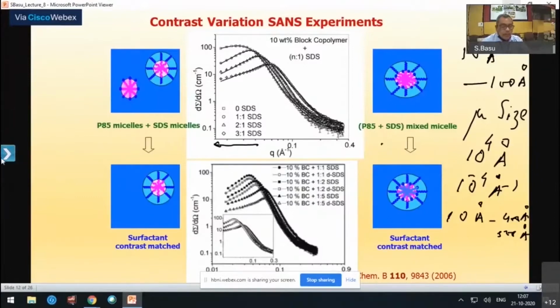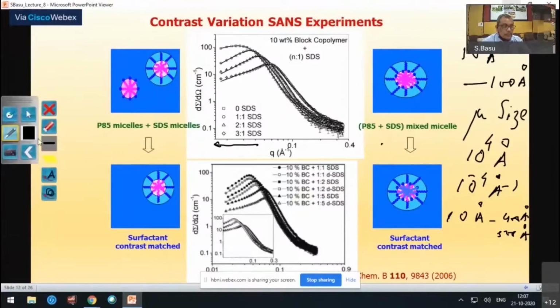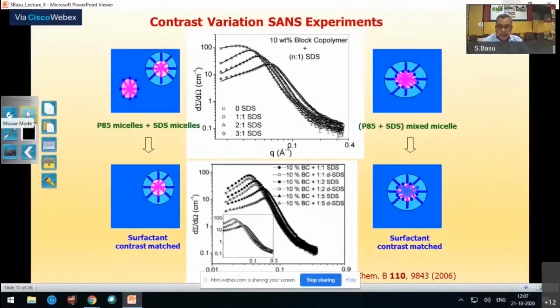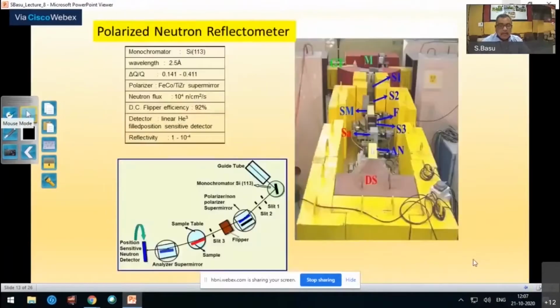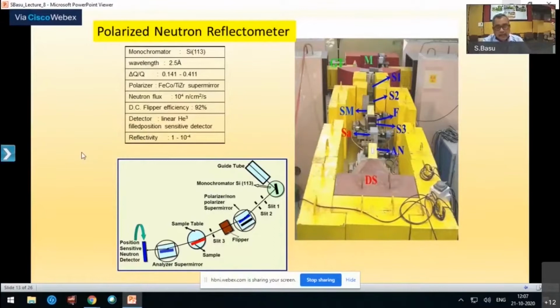I wanted to go over to the next technique, which is polarized neutron reflectometry, but possibly I have already overshot my time. I was trying to make up for the lost time due to this internet unavailability. But I think now I will stop here because I also don't want to load you with too much information, which will be difficult for you to digest.